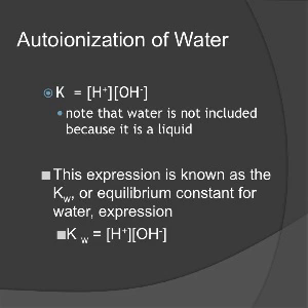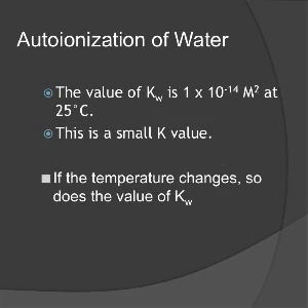And just as any K value indicates the preference to make reactants or products based upon how big the K value is, we can look at the K value of water at 25 degrees Celsius, realize that it is 1 times 10 to the negative 14th molarity squared. It's a very small number.